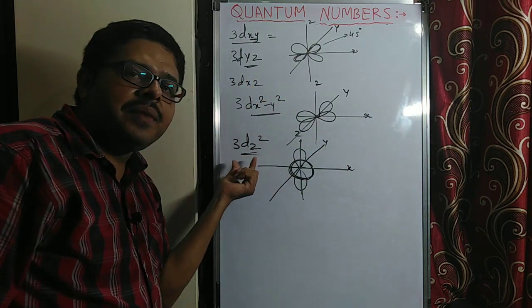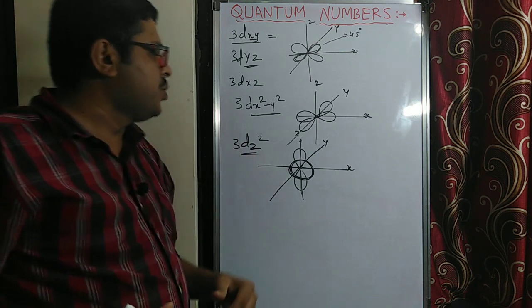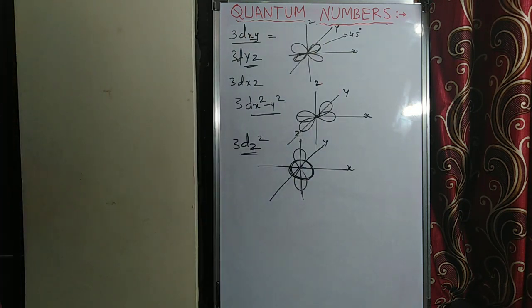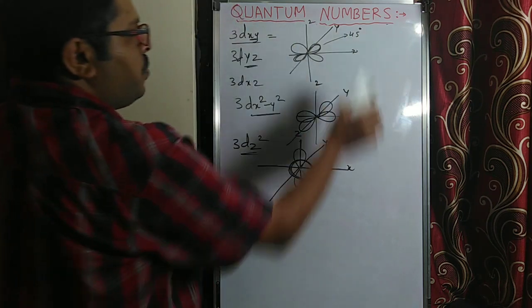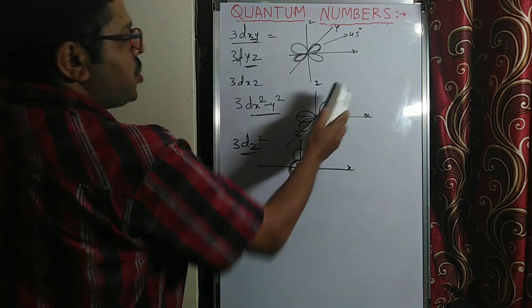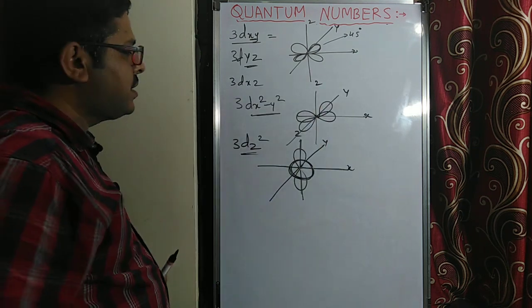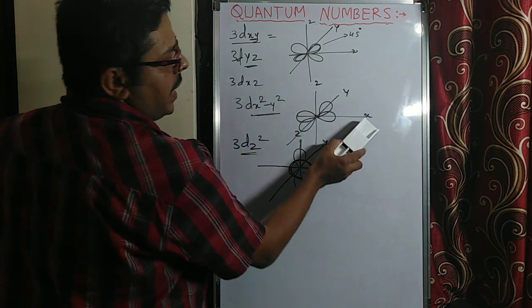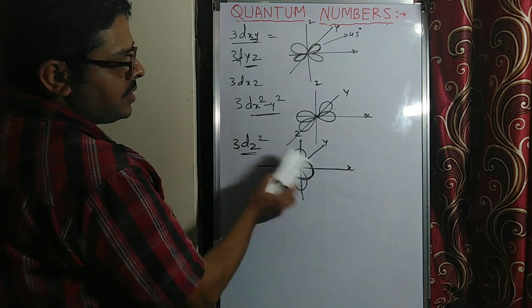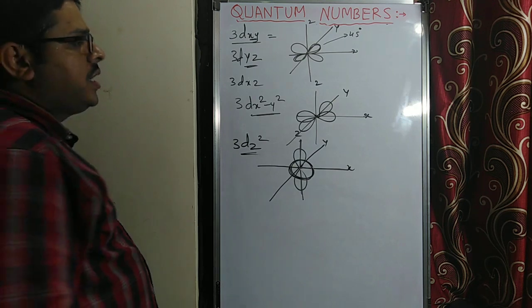Remember, my dear students. Now in this particular case, I am going to discuss nodes. I hope you understood this. These three orbitals, remember, are between the axes. Along the axis is x square, y square means x and y, z square means along the z axis, and another is like a donut shape.